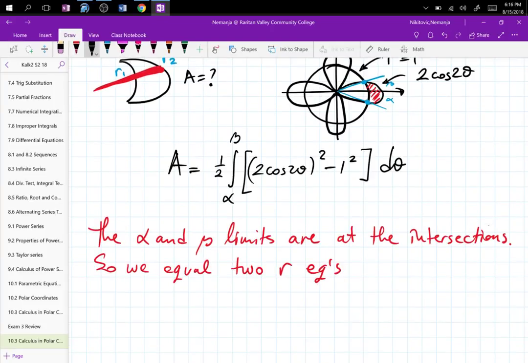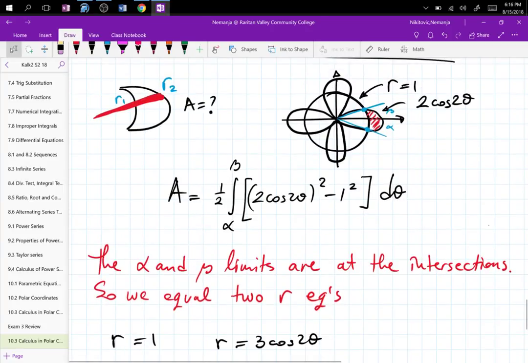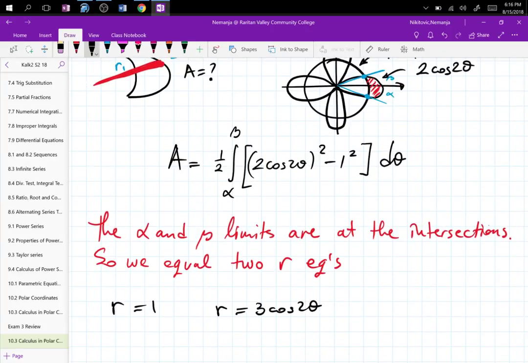Great. My one equation is r equals 1. My other equation is r equals 2 cosine 2 theta. I set these guys equal to each other. No, sorry, not 3. 2 cosine 2 theta. There we go.